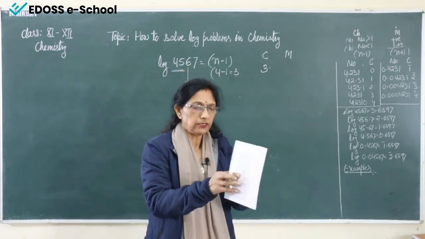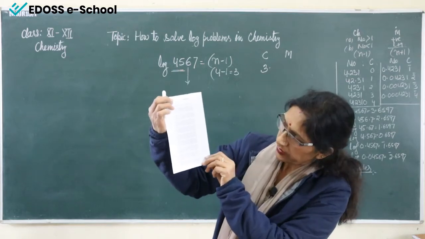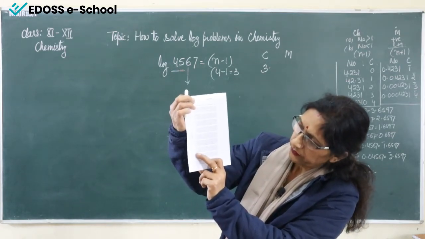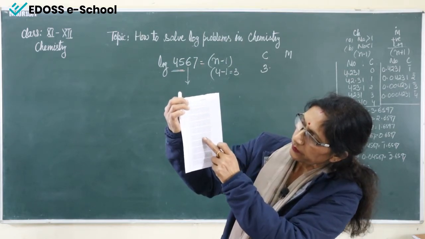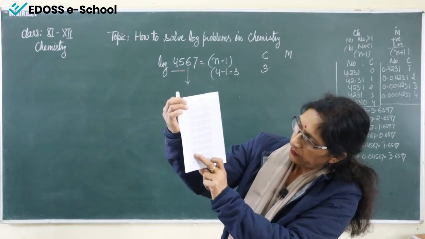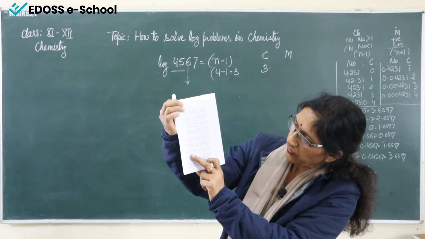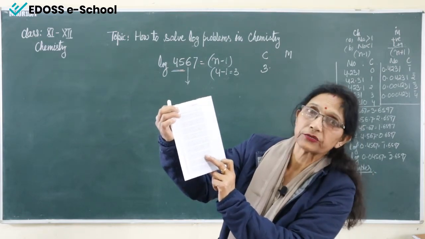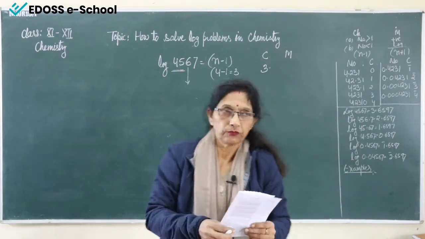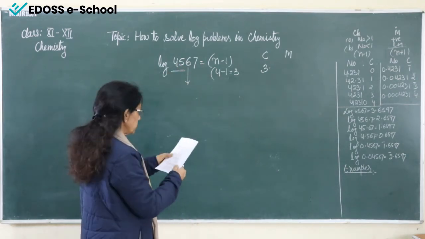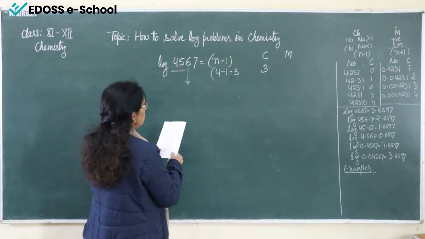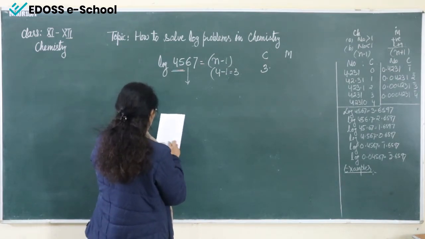So you can see here, this is 45, and number 6 is coming here. So the value of 45 at 6 is 6590.